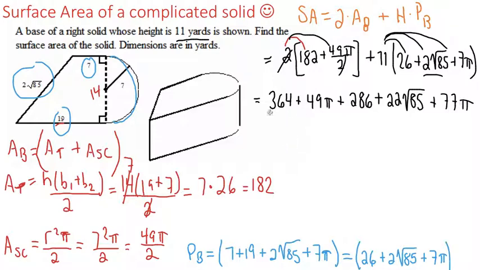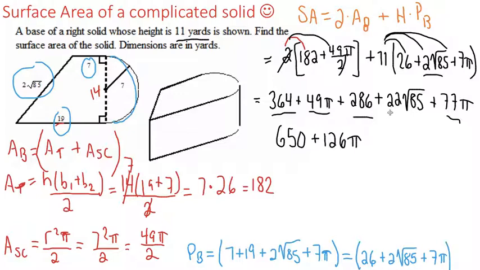And now I have some like terms. So my regular numbers, 364 plus 286 can be added together to get 650. My pi numbers can be added together. I have 77 plus 49, which is 126 pi.